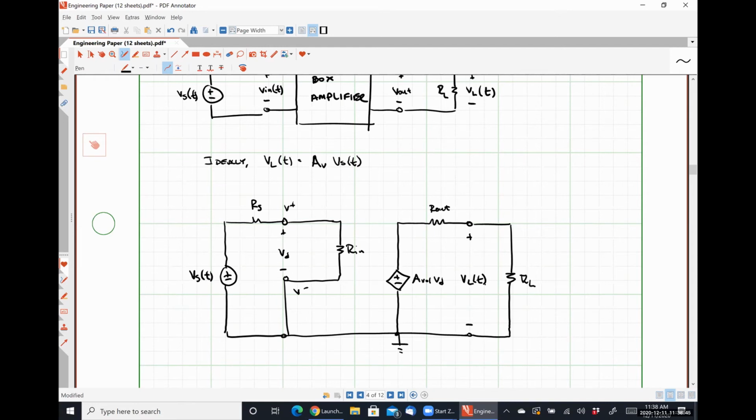How to pass Vs of t to this side of the system unchanged, and then how to get Vs to be multiplied by this voltage gain without any other changes, because that will give us this exact transfer function. So my question to you all is, what value of R in makes Vd exactly equal to Vs? There's one value that doesn't.